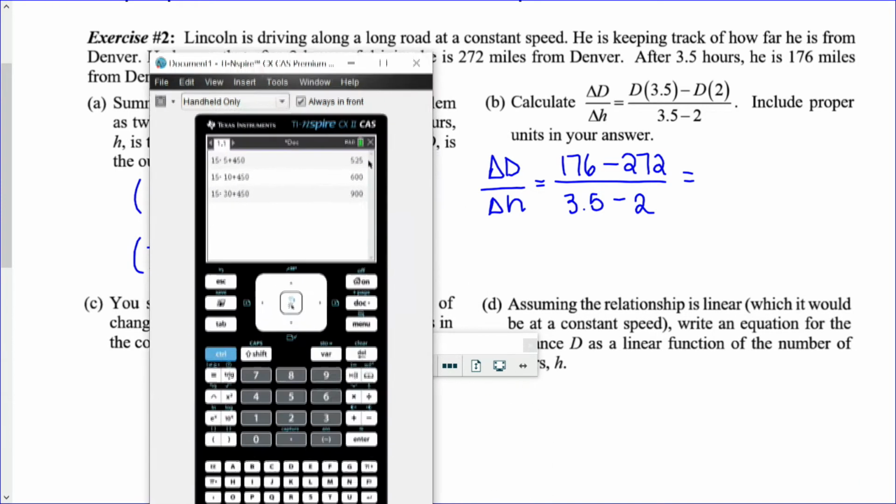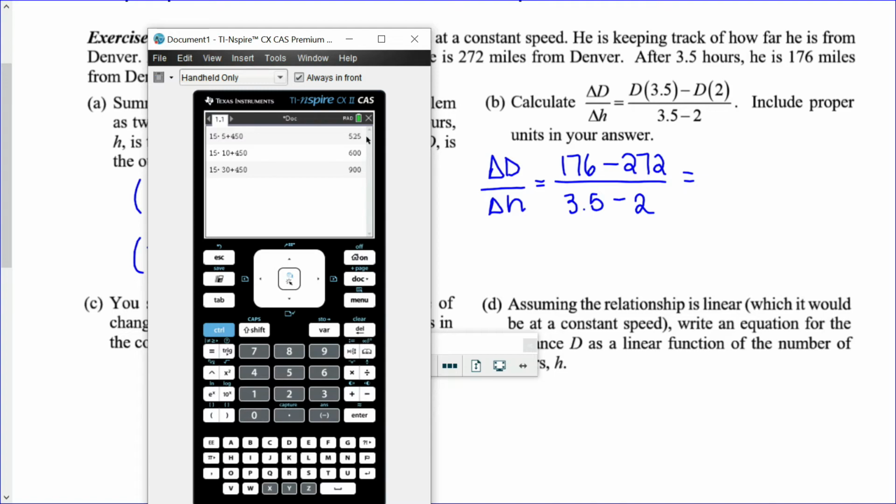You can do this calculation all at once on your calculator, because you've got parentheses. You could just enter this as 176 minus 272, all divided by 3.5 minus 2. Hit enter, and I get negative 64. What are my units? Well, my units in the numerator are miles. My units in the denominator are hours, so that's negative 64 miles per hour.